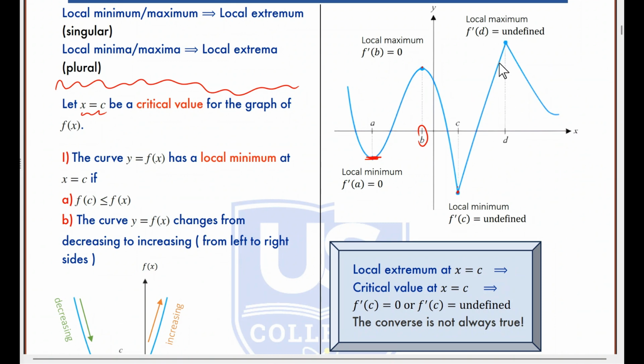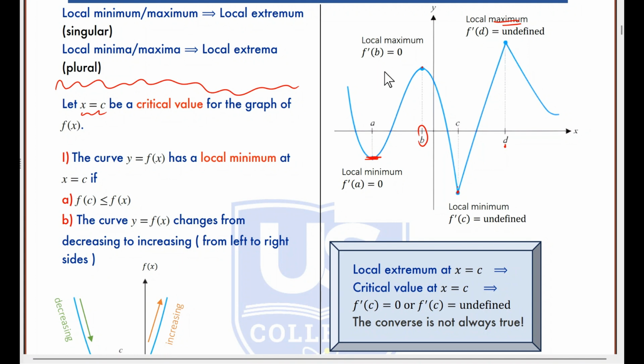At this point, we have a peak, the highest point, a local maximum. It means that we have a critical value at d. If d is a critical value, the derivative is either 0 or undefined. Here, since we have a corner, the derivative is undefined. Here we had a cusp, here we have a corner, so the derivative is undefined at these two. For the other two, the derivative is 0.